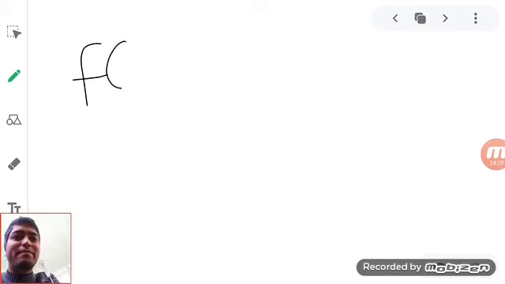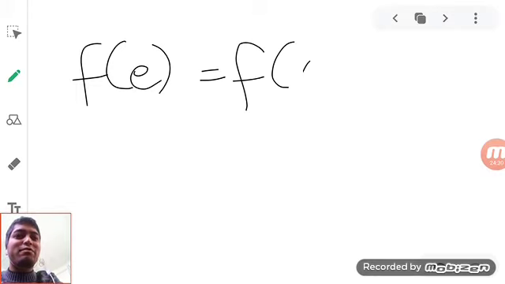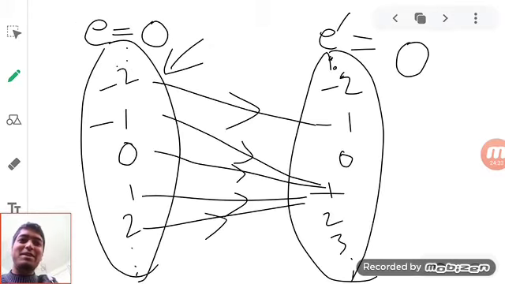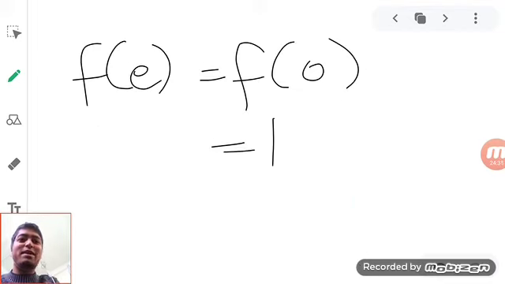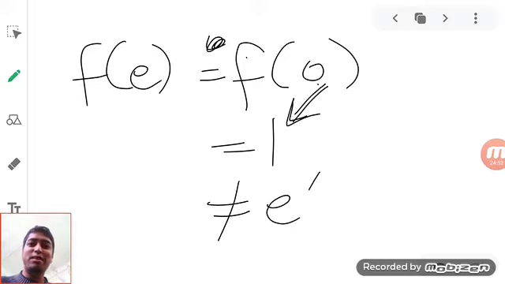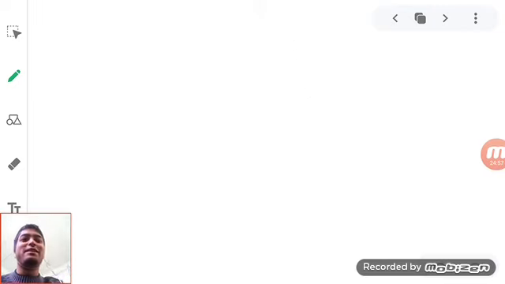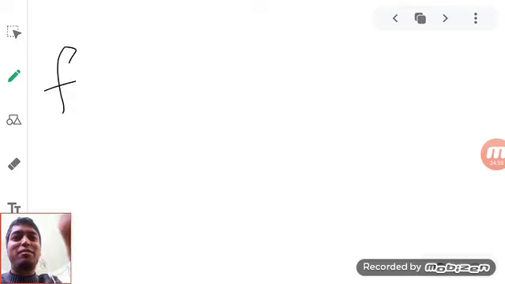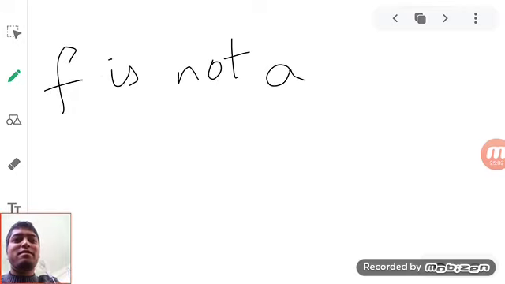Fe will be F of 0, right? F of 0, according to this picture, is 1, because all elements are sent to the number 1. So even 0 is sent to the number 1 by F. So it is unequal to E dash. Because Fe is unequal to E dash, we can immediately say that F is not a homomorphism. So that is why I did the theorem first.